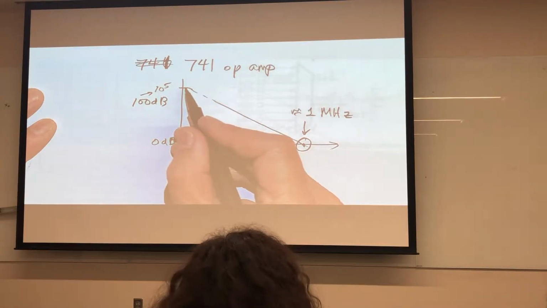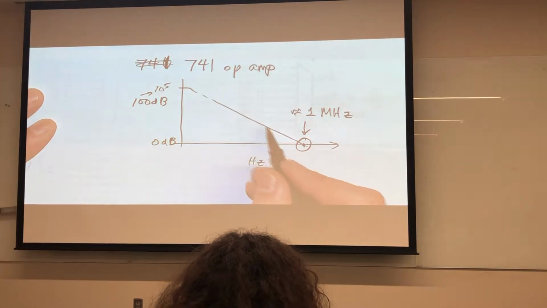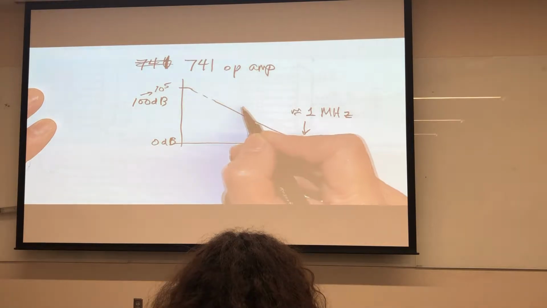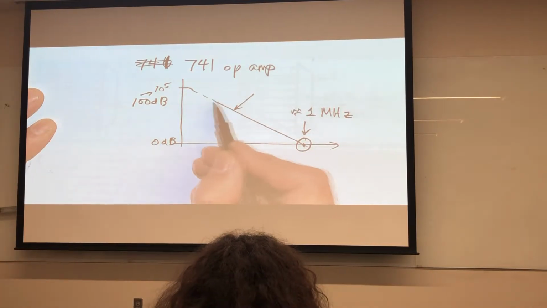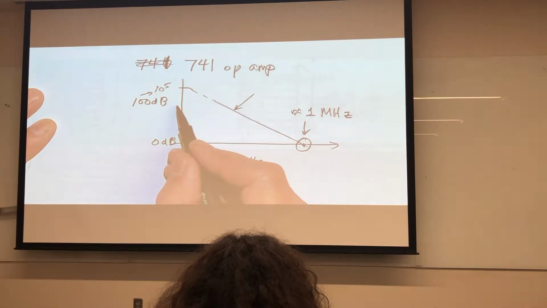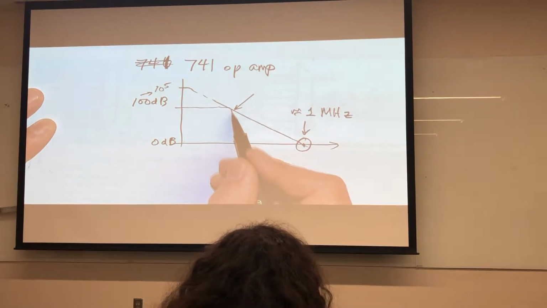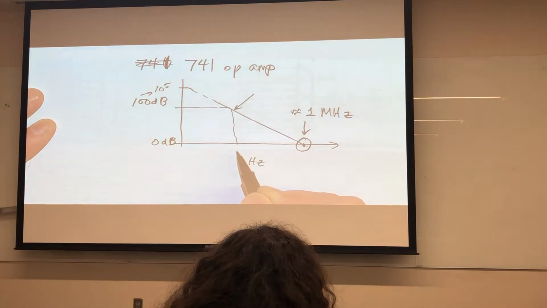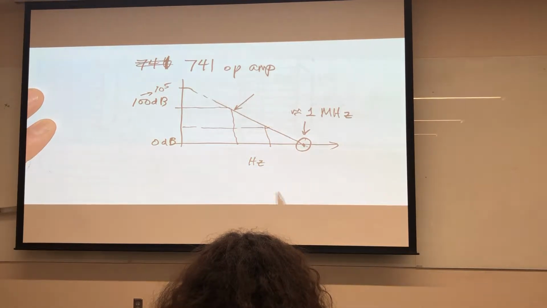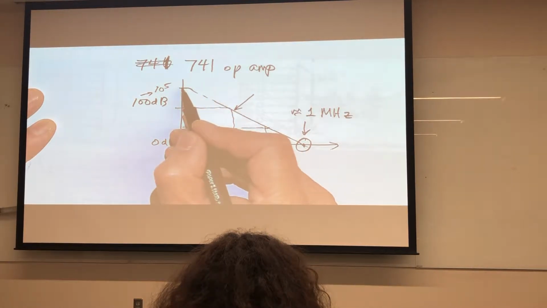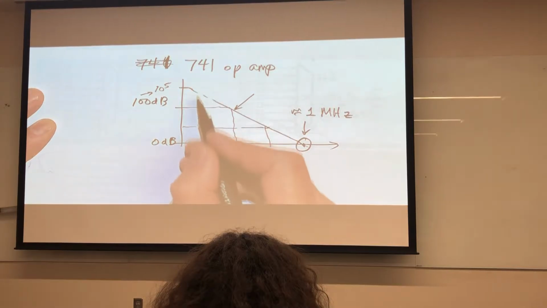Here the gain was real large, but as frequency increases, the gain starts decreasing. Along this line, the product of gain and frequency is constant. Take the gain here and multiply it times this frequency, and you get a number. At this frequency you get a different gain. The gain is decreased, but the frequency is increased. Here the gain is real large, but the frequency is small.